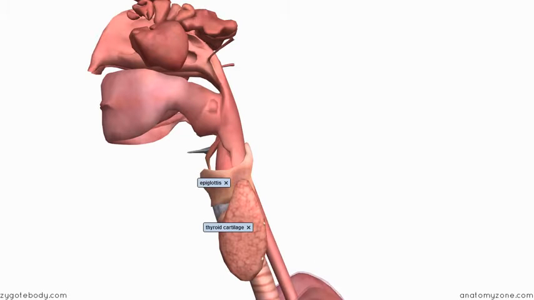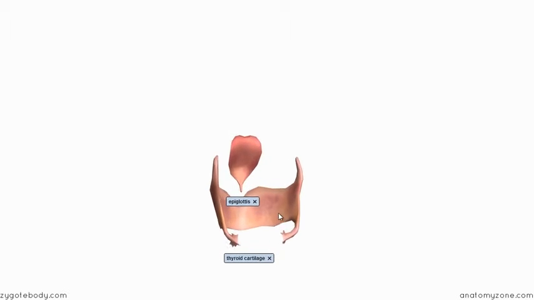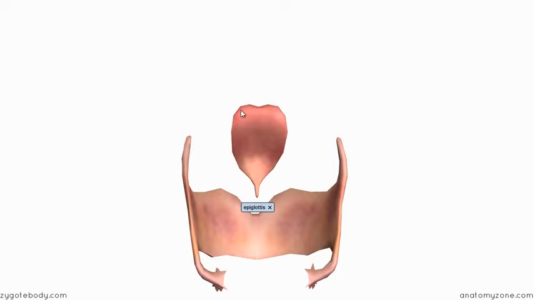If we just isolate the epiglottis and the thyroid cartilage, we can have a look at the relationship of these two structures. Firstly, you can see the shape of the epiglottis. It's got this kind of leaf shape, and then it's got this stem.